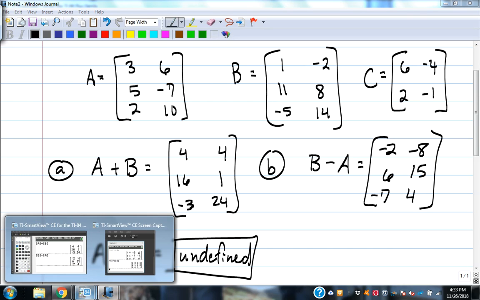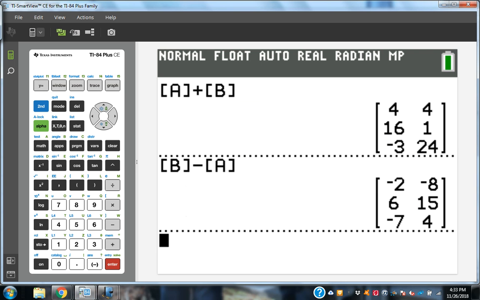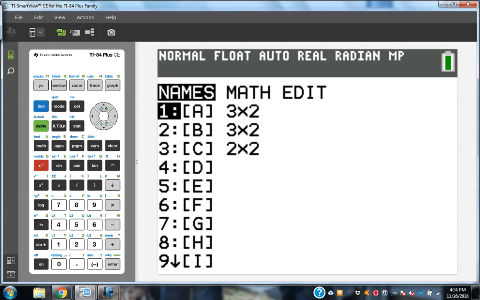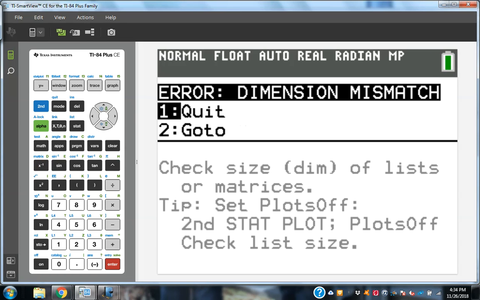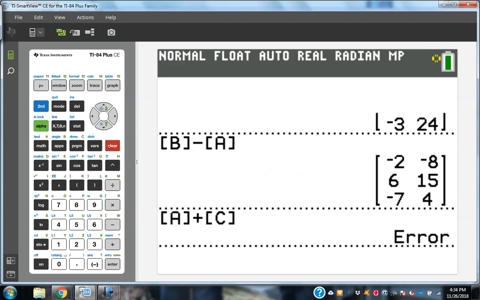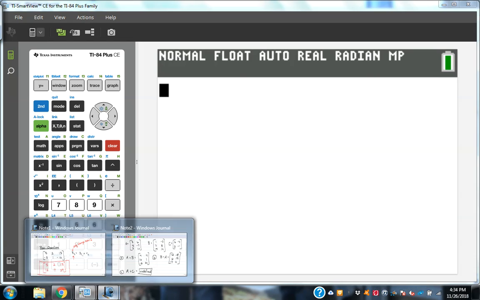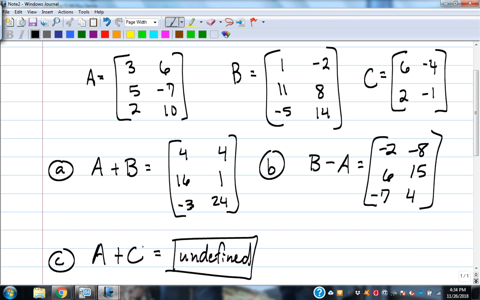If you forget that for whatever reason and you just said A plus C with your calculator, it's going to give you an error. It's going to say dimension mismatch. What that means, you don't have the same dimensions. You don't have the same number of rows and columns, and it can't add or subtract those. Okay, so rows and columns got to match up. Same exact number of rows, same exact number of columns to be able to add or subtract.